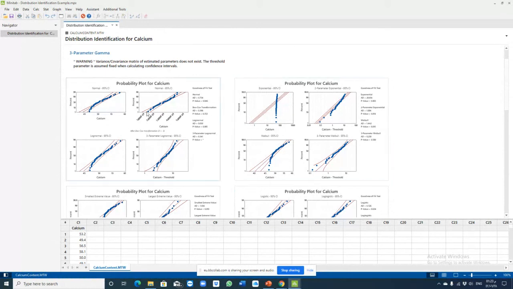When the data is aligned to the lines, especially the middle line, that means this is a best fit, within the boundaries of the distribution. That is what we apply as industrial engineers.